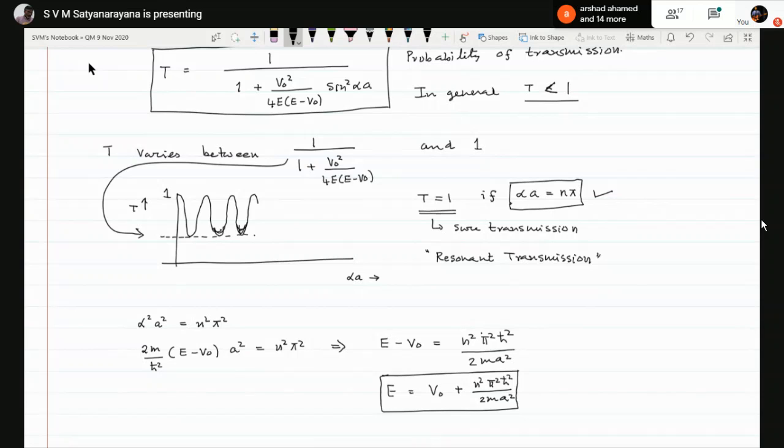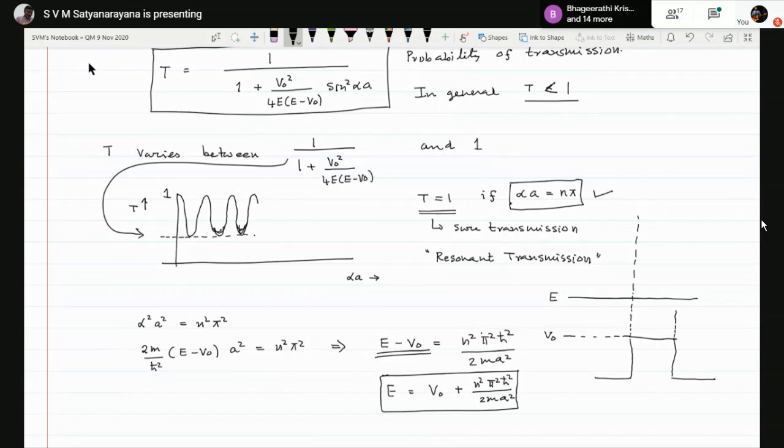Now, if you look at this picture, I have a barrier like this. Okay. Now, let's say I have some energy here. Let's say this is my energy. Okay. And if this is my V naught, whenever this E minus V naught is equal to the energy levels of some kind of an infinite square well.